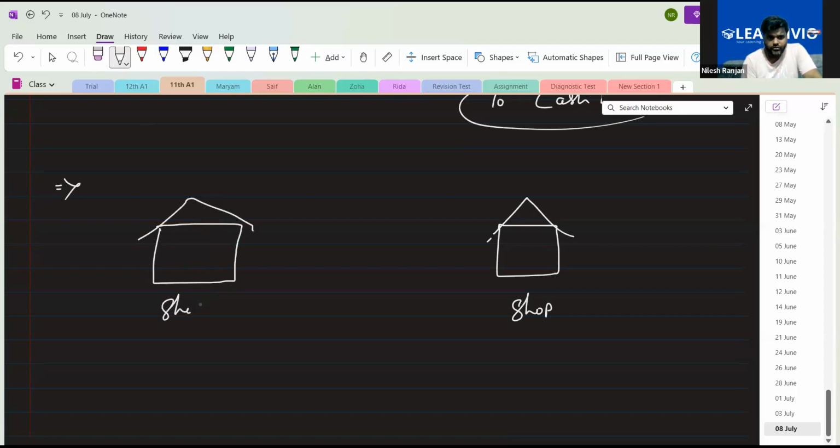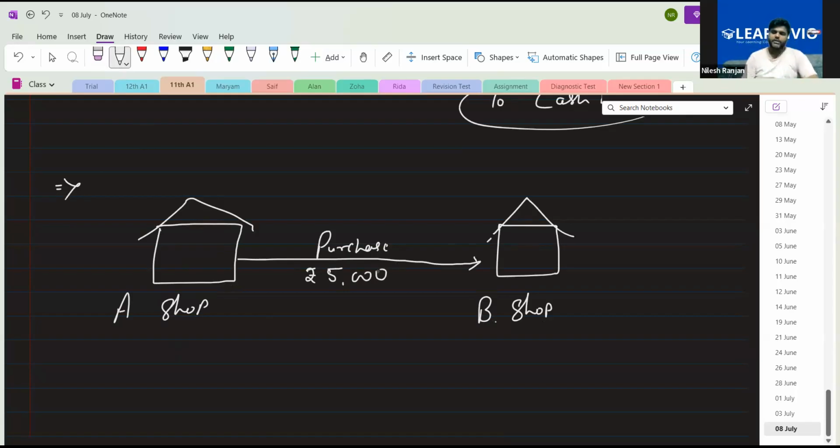This is also a shop, A and B. Now, if A is purchasing something from B, let's say the value is 5,000, can you tell me who will give the bill or invoice for this transaction?